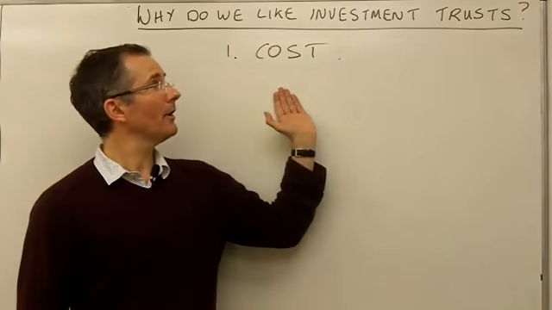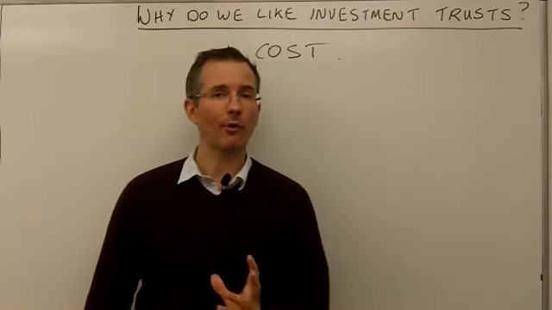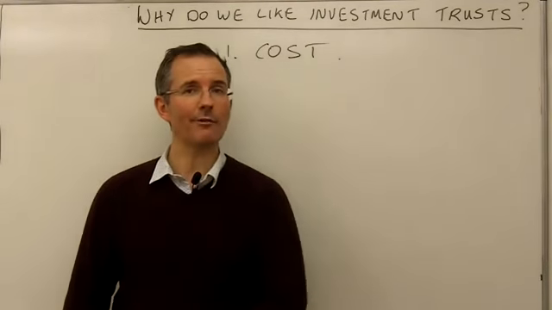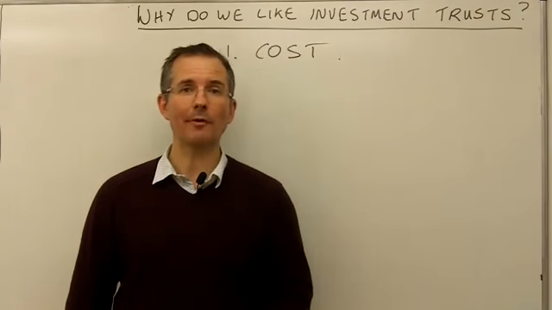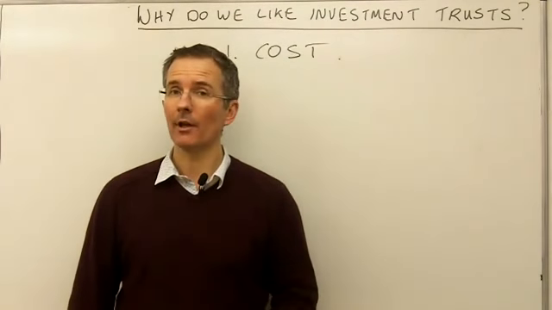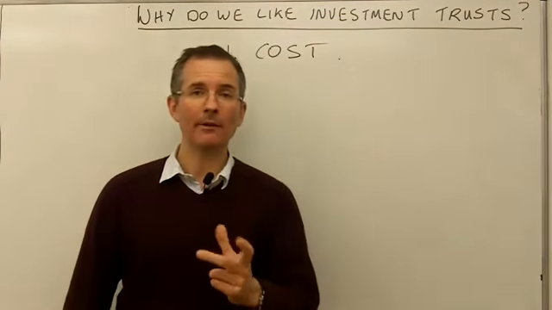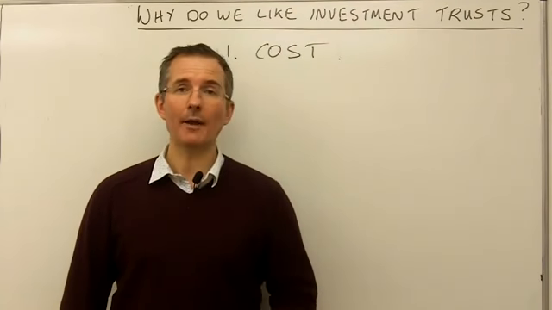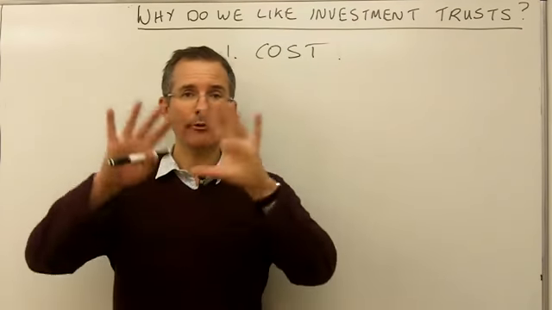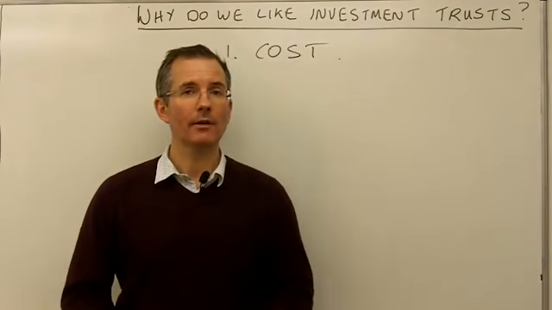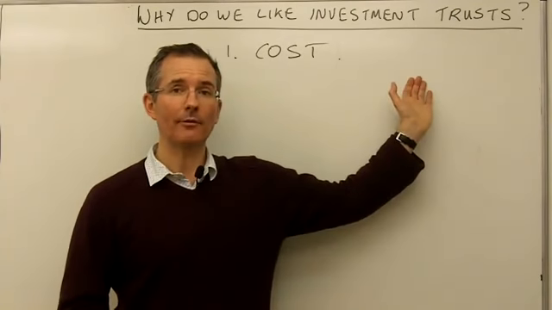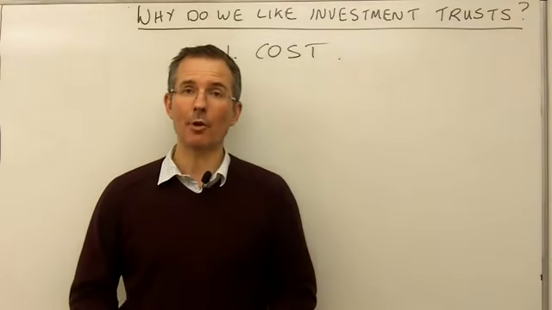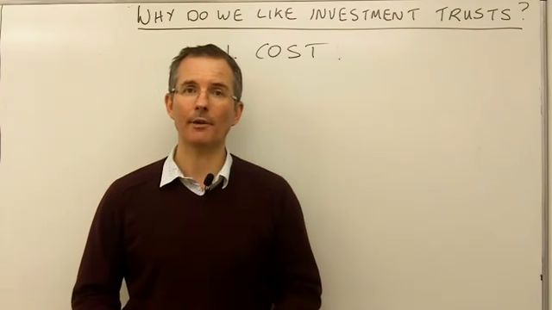Unit trusts: initial charges, 4 or 5%, often rebated through a fund supermarket, annual management fees, and sometimes exit fees. Investment trust companies: typically you've got the bid to offer spread on the shares, and you've also got an annual management fee. But taking all those into account, usually, for similar investment objectives, an investment trust is the cheaper option. So that's one reason why we quite like them.